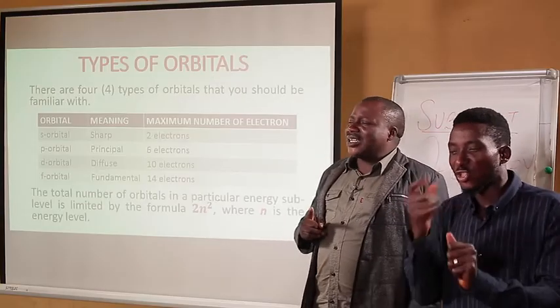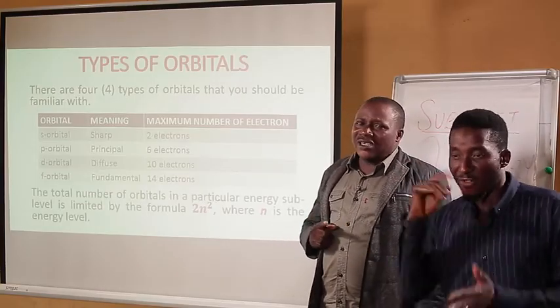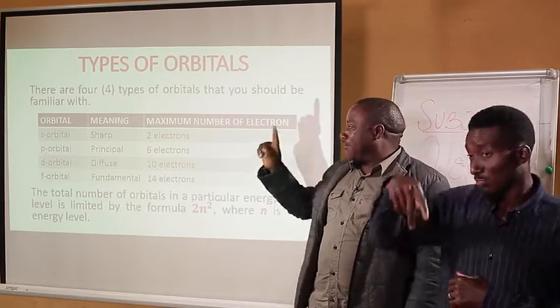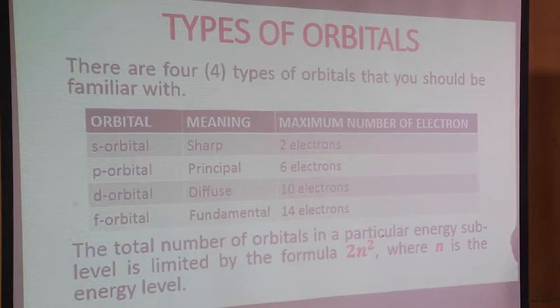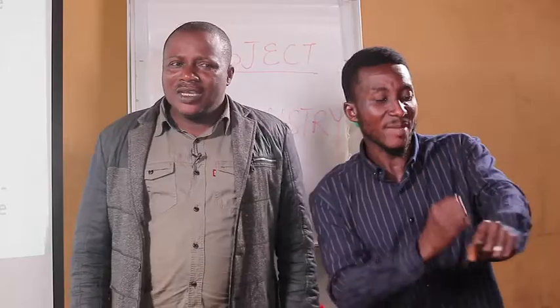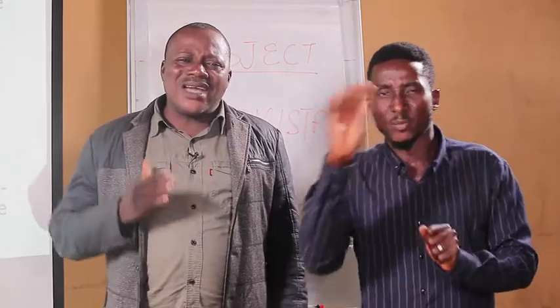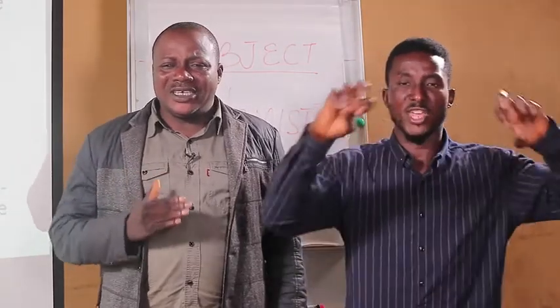Each and every orbital stands for something. Like the s orbital stands for sharp. The p orbital represents principal. The d orbital represents diffuse, while the f orbital represents fundamental. It's just like in that room, each and every orbital has a maximum number of electrons that it can carry.